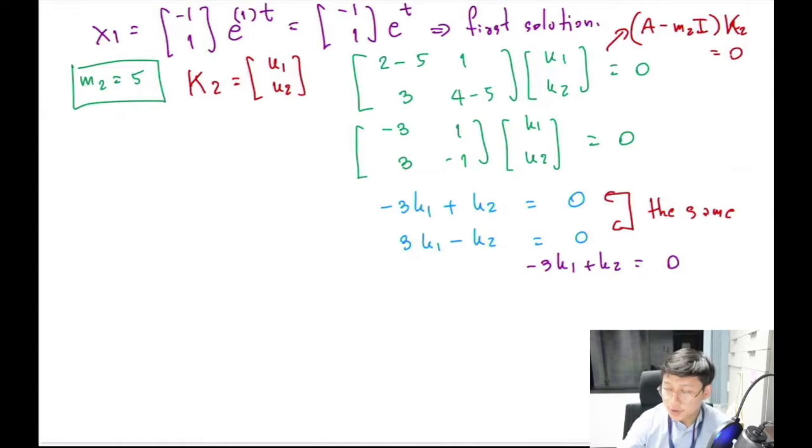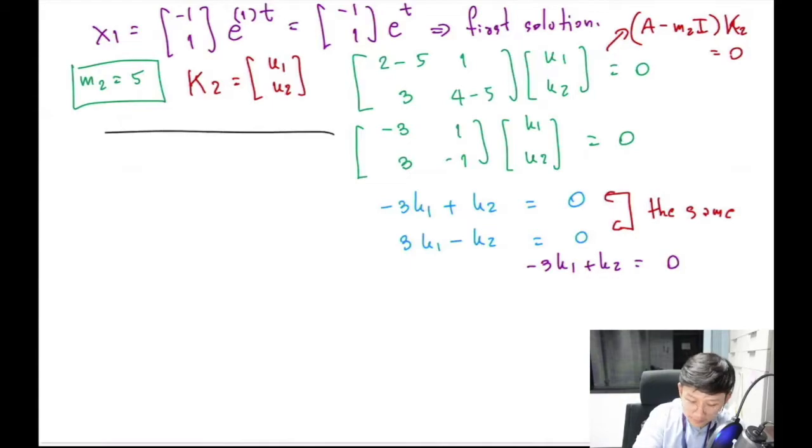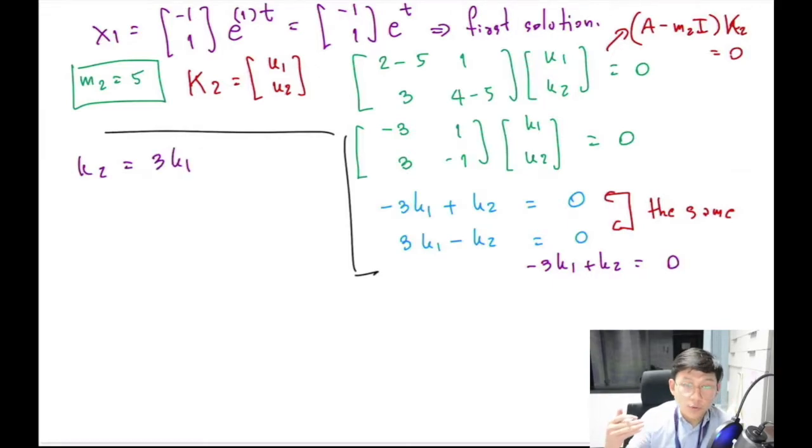So right now we know that k2 is actually 3k1.